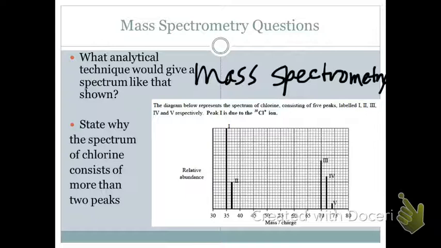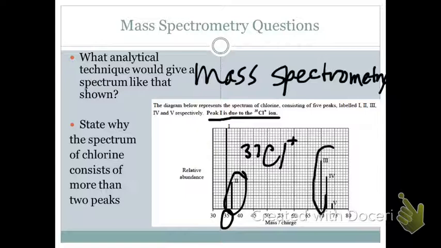State why the spectrum of chlorine consists of more than 2 peaks. Now, it tells you here, peak 1 is due to the chlorine 35 ion. So if this is the chlorine 35 ion, this must be, 2 bars over, chlorine 37 ion. So what would it be at peak 3?